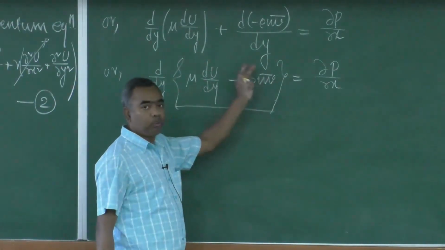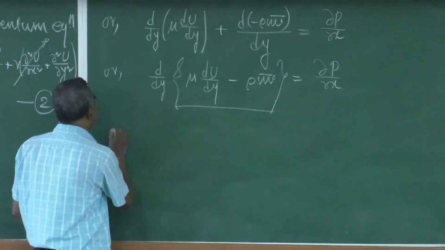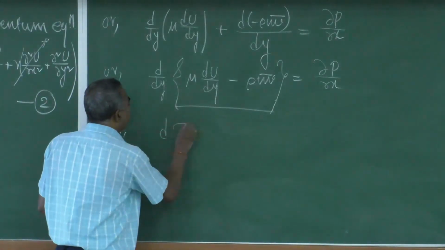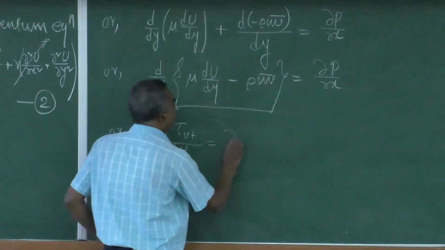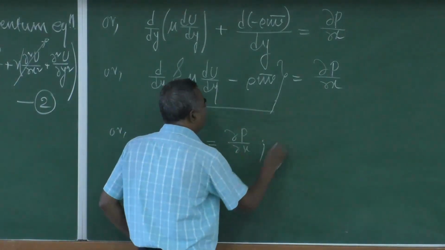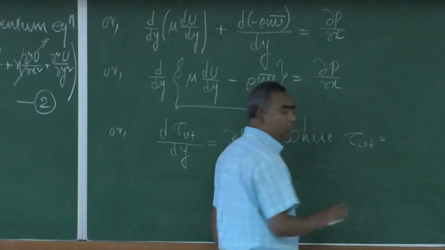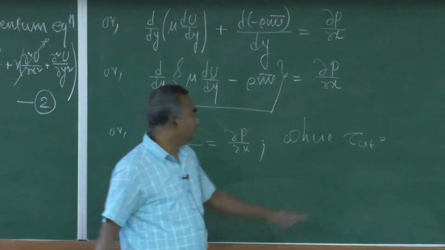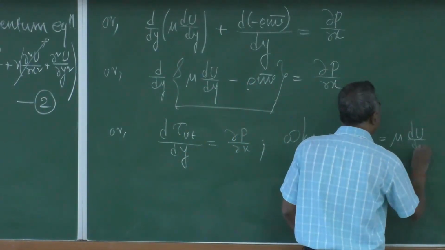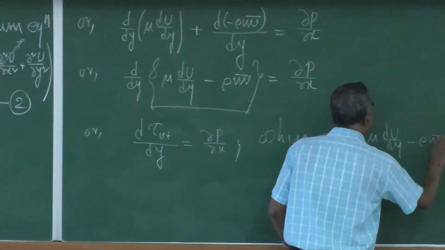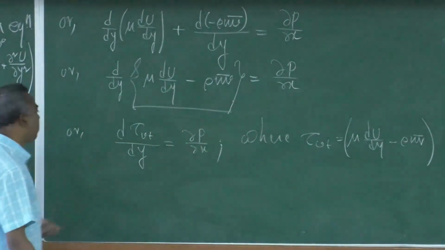So, this is actually the total shear stress term. Let us call this left hand side term tau_vt, so d tau_vt/dy equals to ∂p/∂x, where tau_vt is the total shear stress, viscous plus turbulent. That means mu du/dy minus rho uv bar. That is what it is, right.